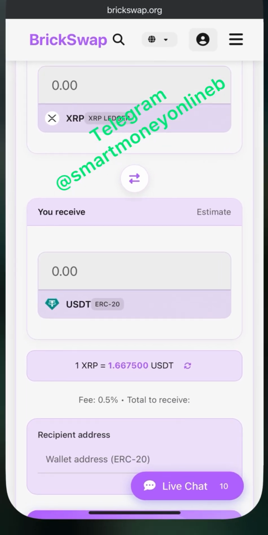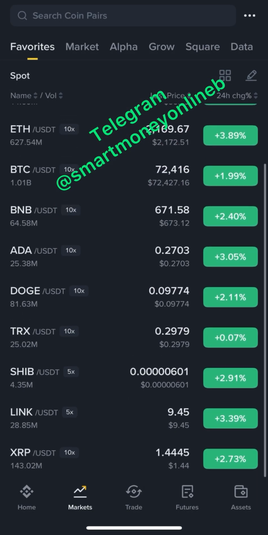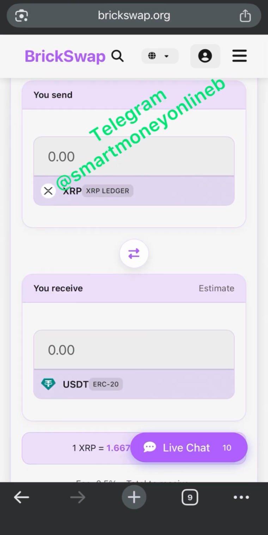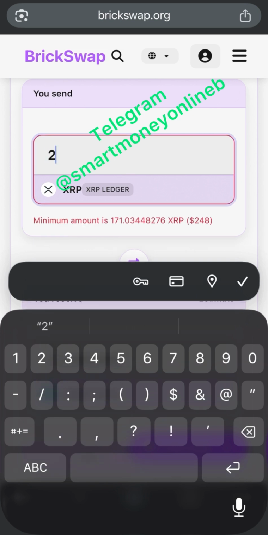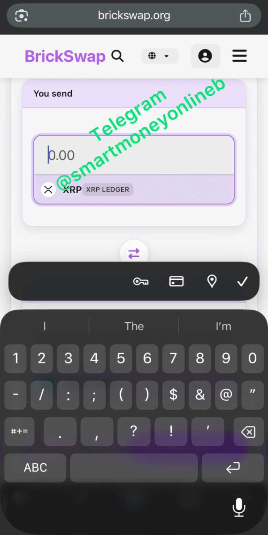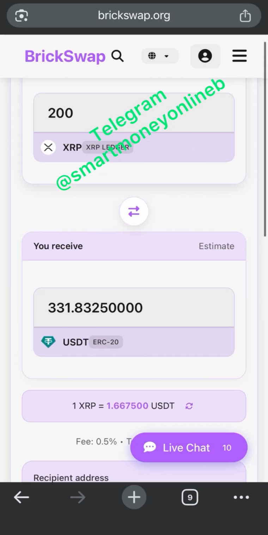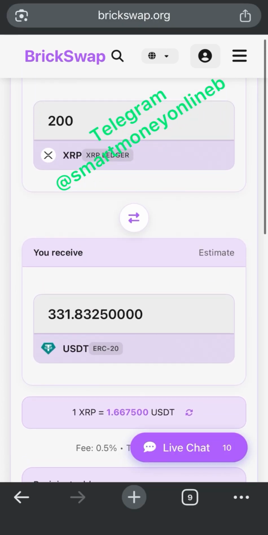How this works is you have to buy from here, then you sell it over here. Let's say we're getting around $200 worth of XRP. That's equivalent to around 331 USDT, as you can see over here.